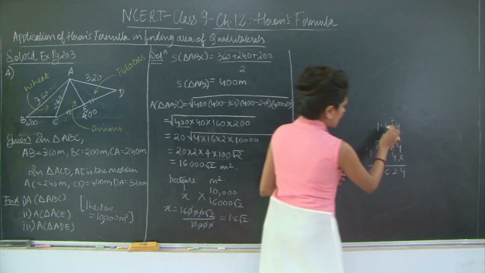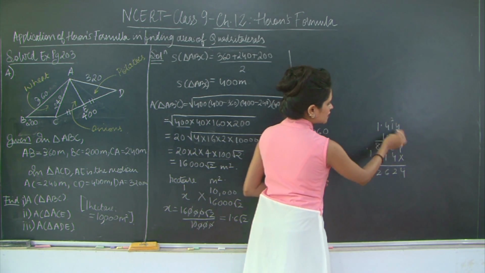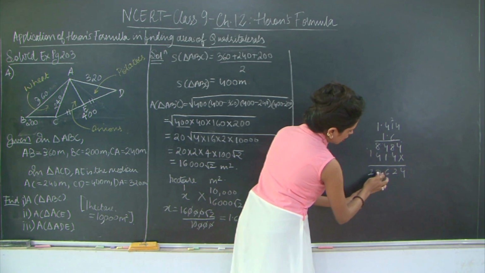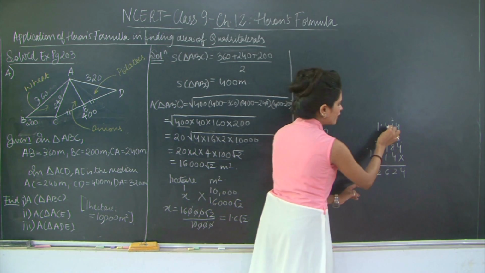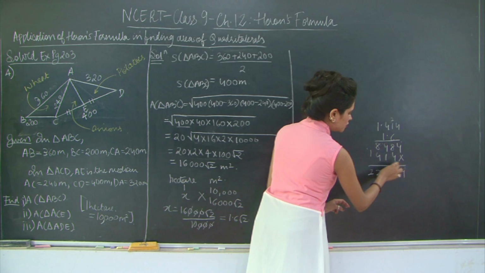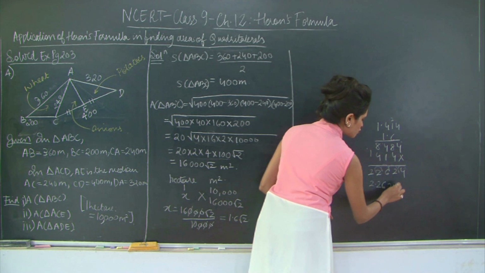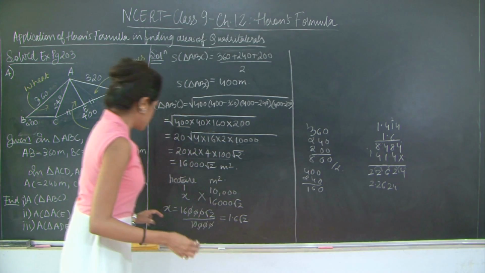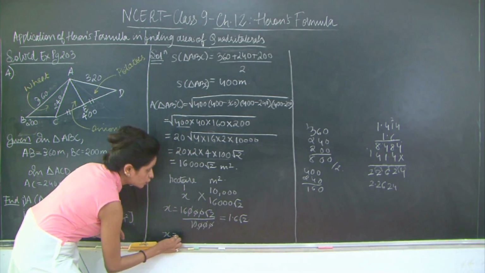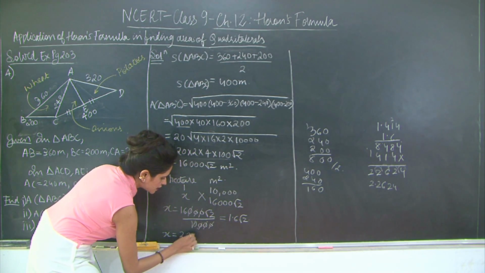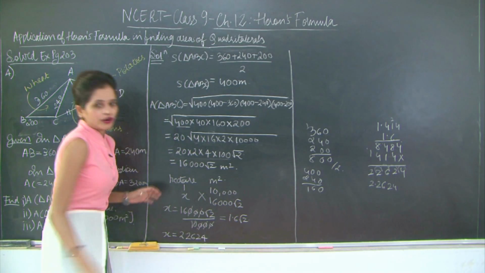So now how many places of decimal do we have? 1, 2, 3 and 4. So your answer is 2.2624. Right? So you will say x is equal to 2.2624 hectares, which is your area of triangle.